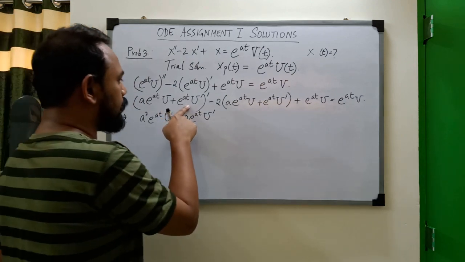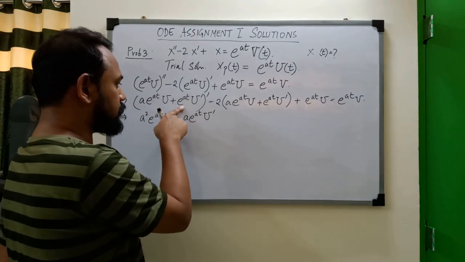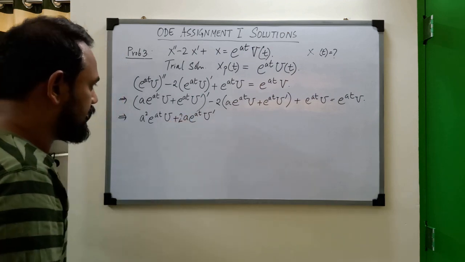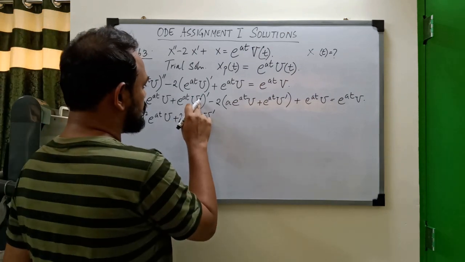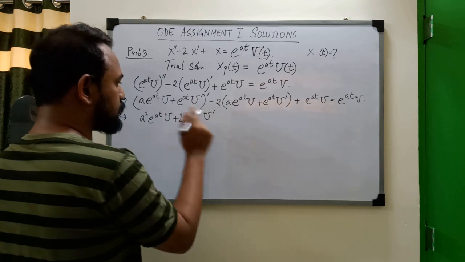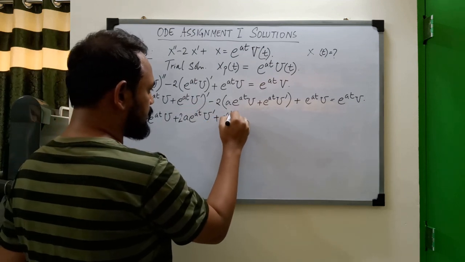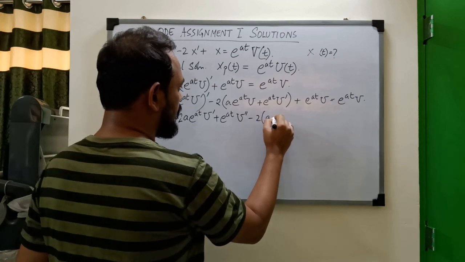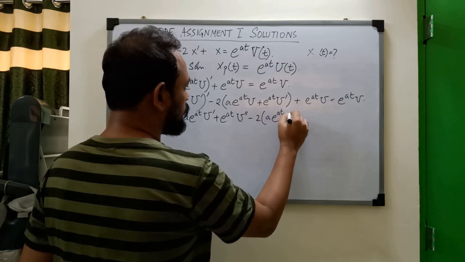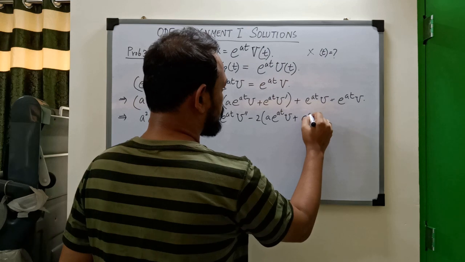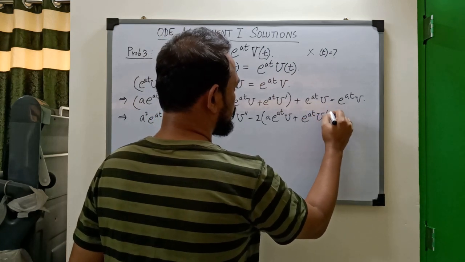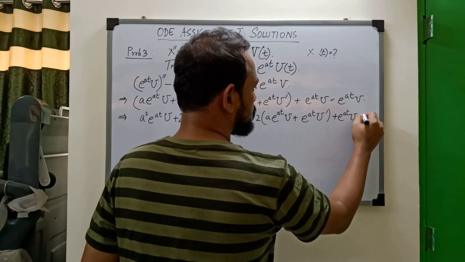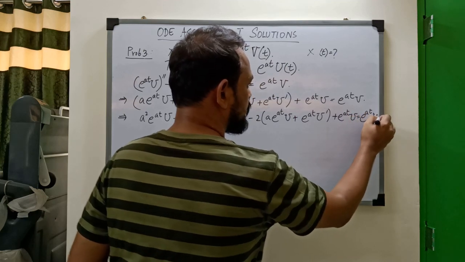Then I'm differentiating this one, the exponential first, so I get this one. So I can write 2 here. And I get a double differentiation on u, and this one remains the same, e to the power at u double prime, and the rest remains the same, e to the power at u plus e to the power at u prime plus e to the power at u. This gives me e to the power at v.